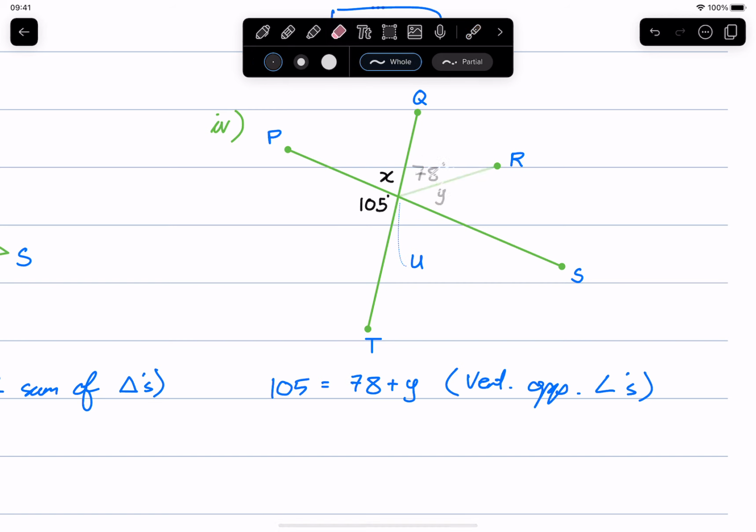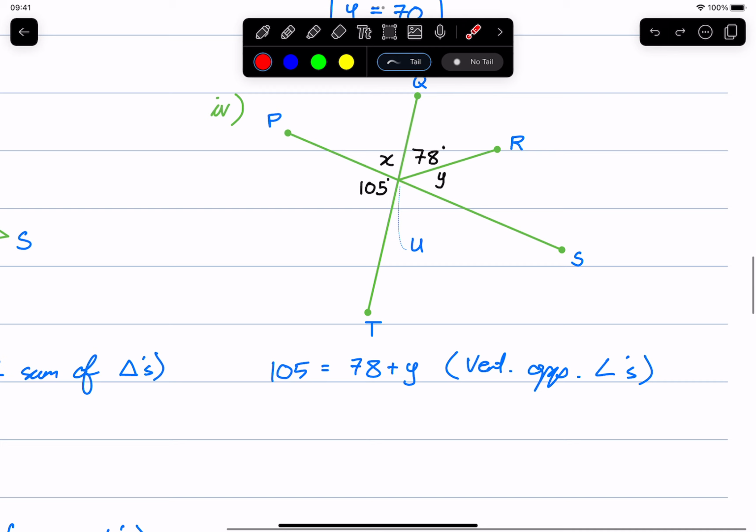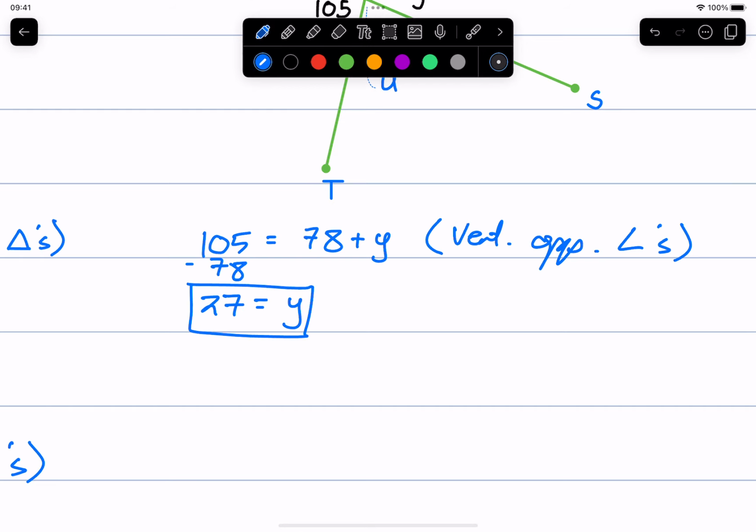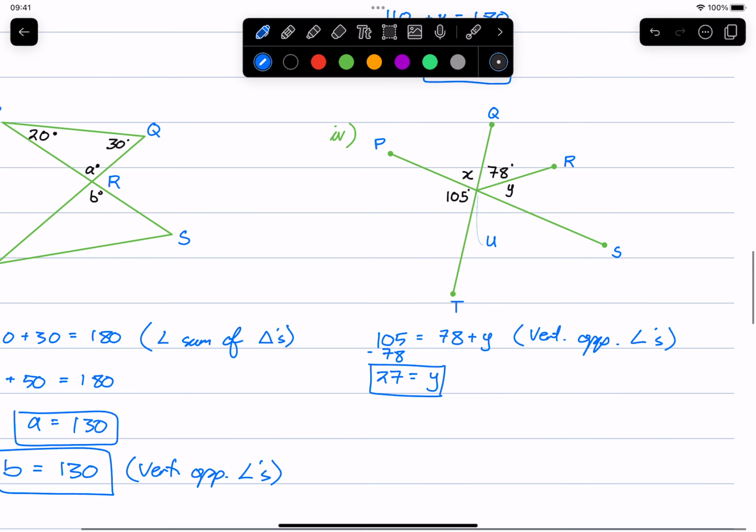If I were to chop that away, can you see that these two are indeed 105? But because R chops this, it's still 105. So we can figure out what y is by subtracting 78 from both sides. Subtracting this, 105 take away 78 is 27 degrees. So y is 27 degrees.